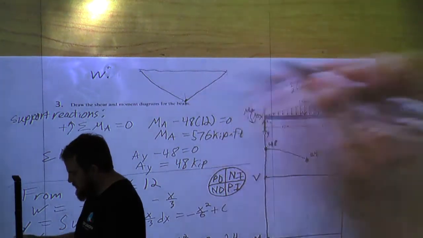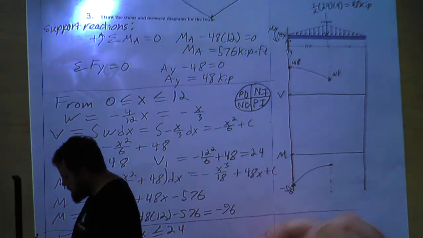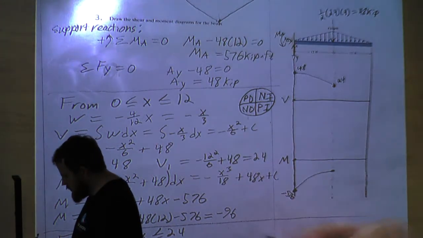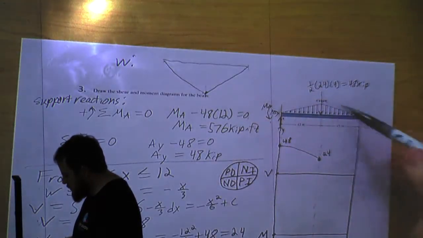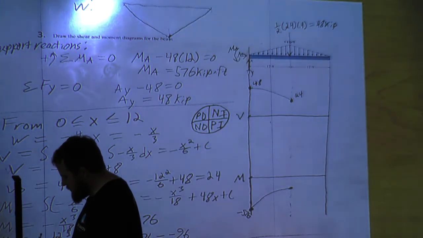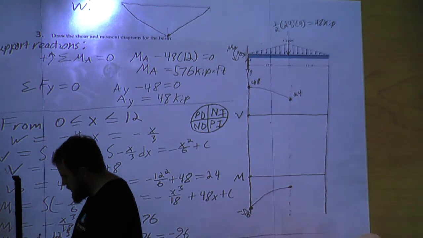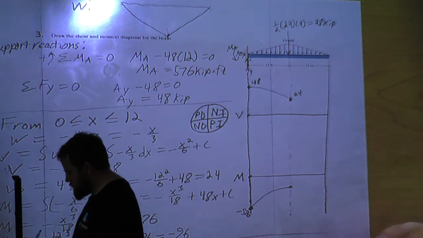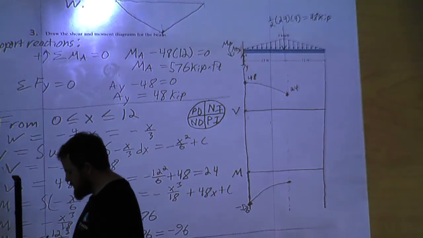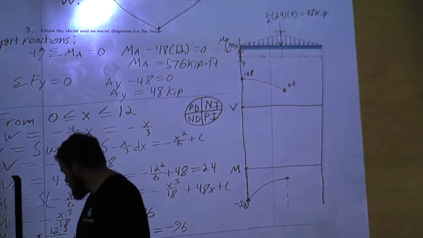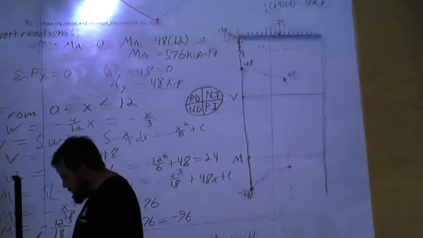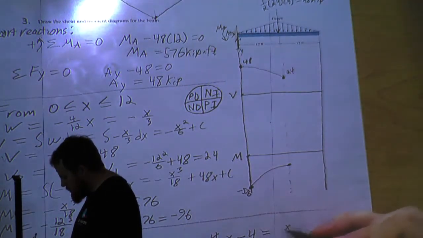So then our new equation for the load is going to be a positive slope of 4 over 12, so 4 over 12x, and then minus 4. That's our slope, that's our y-intercept, basically. Just think y equals mx plus b. So that's just going to be x over 3 minus 4.